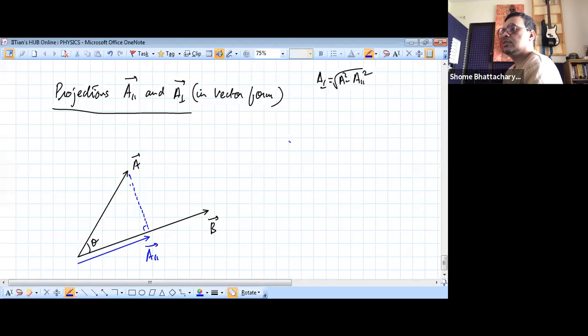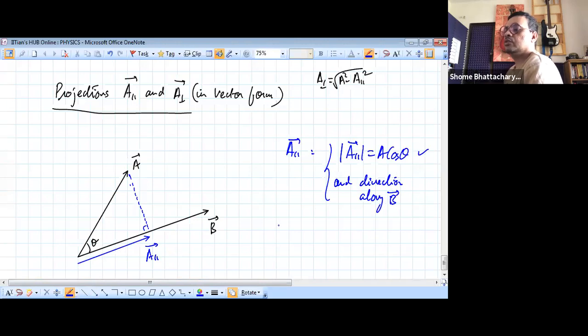Okay. Now this projection has a magnitude of E cos theta, and it has a direction along the vector B.